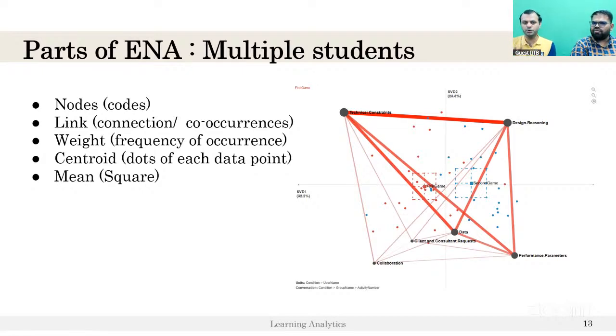So just to show how these dots are represented, if you're not getting that point, why the red dot moved, it's okay. The idea here is that ENA creates a network for each student. When I combine multiple students, it creates an average network. Then we want to show how this network can be used for comparison. How this network has been created, we will talk about.